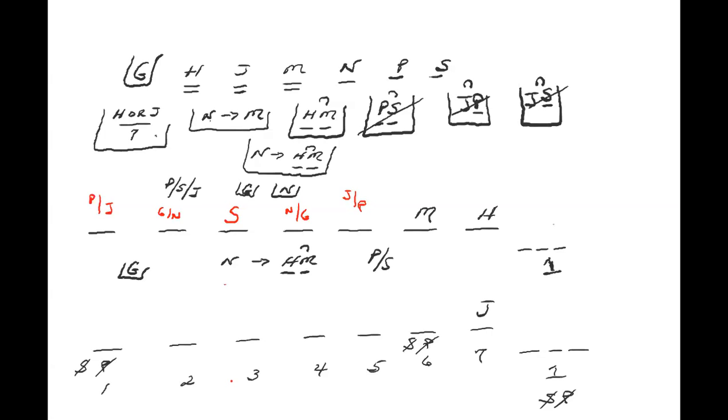But just if you try putting the S in 3 down here, all right, this is going to force the H and the M to be distributed among slots 4, 5, and 6, right?